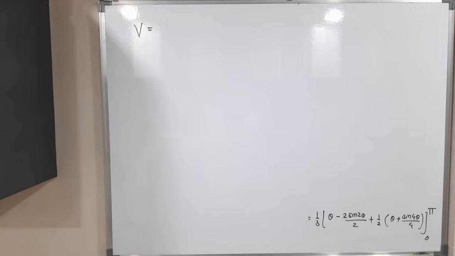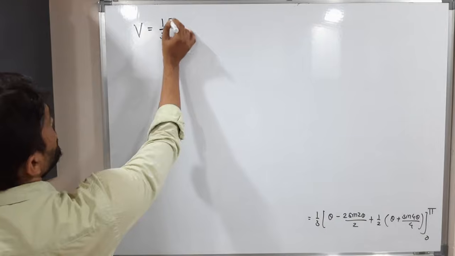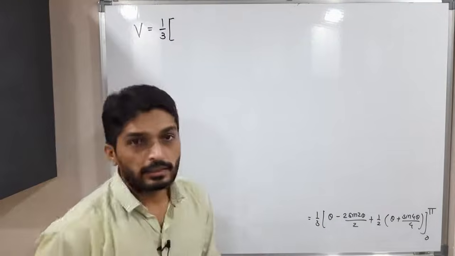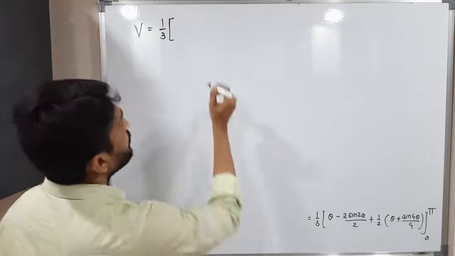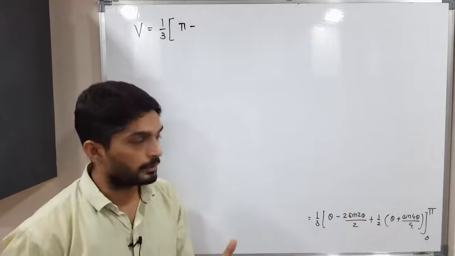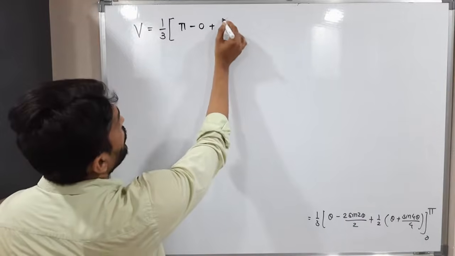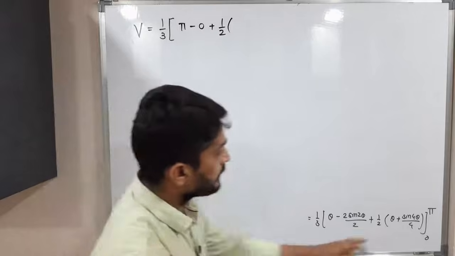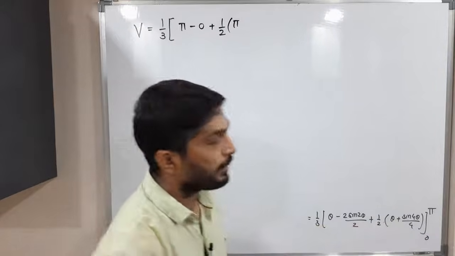So V is equal to 1 by 3, I will write as it is. See, few terms I will write directly, since we know the values. I am going to put theta is equal to pi. So pi we will have minus sine 2 pi, which is 0. So I will write simply 0 plus 1 by 2, here theta is equal to pi. Next, sine 4 pi is 0 again.